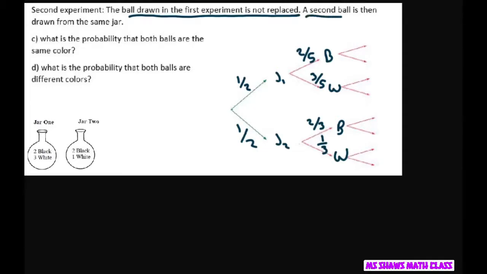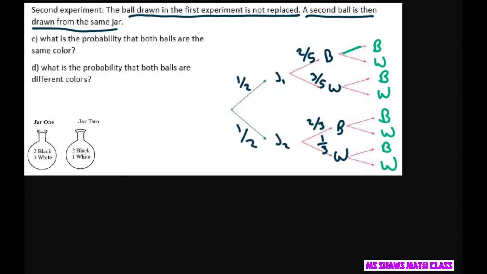So a second ball is then drawn from the same jar. So if it's not replaced, then let's just go from here. This is going to be black, white, black, white, black, white.